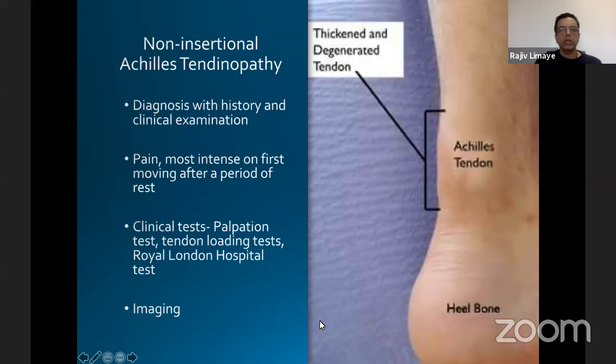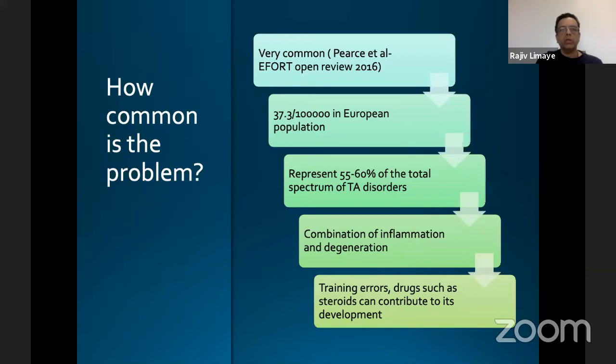The diagnosis is again with the history and clinical examination. The clinical tests include palpation test, tendon loading test, and squeeze test. Imaging is commonly done to confirm the diagnosis and to see if there are any other problems. As you can see, it is a very common problem in the European population.